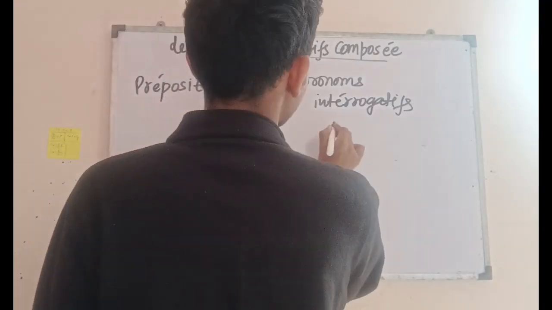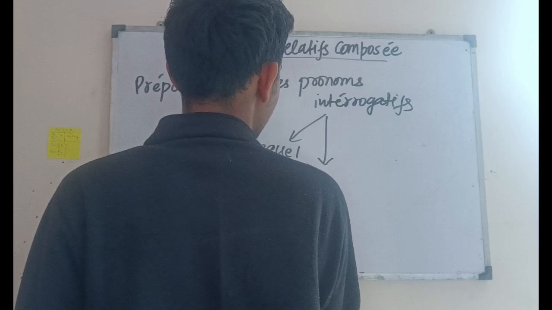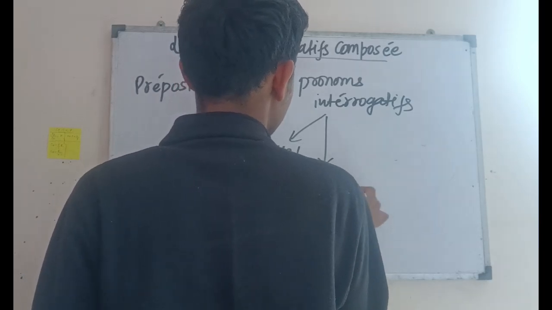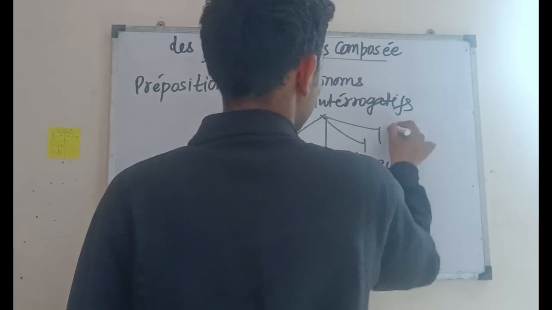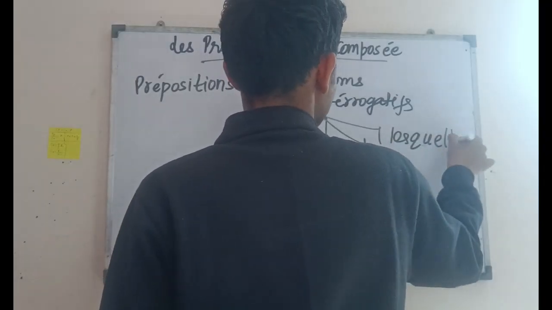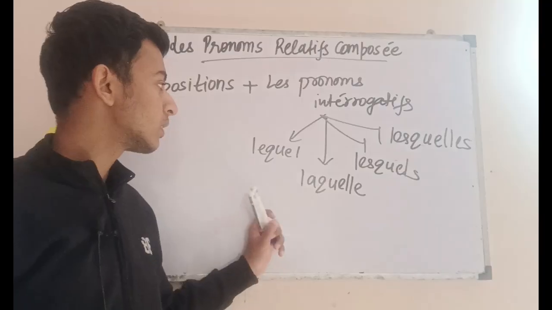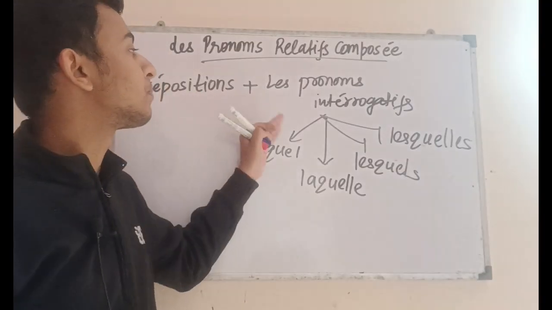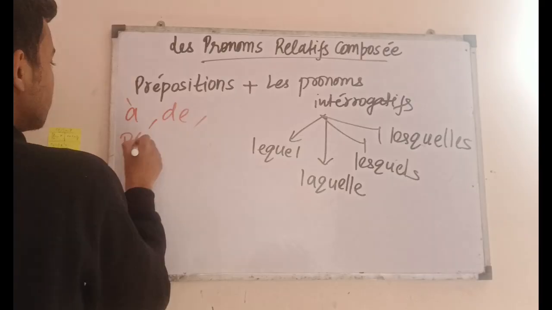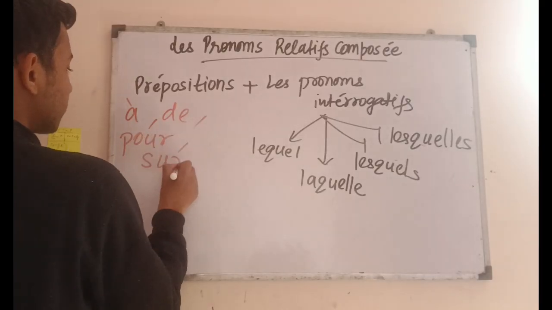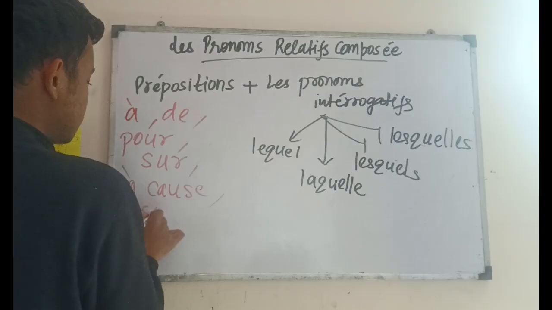Interrogative pronouns are of four types: lequel, laquelle, lesquels, and lesquelles. You've got four types of interrogative pronouns which will be combined with different prepositions like à, de, pour, sur, à cause de, sous.